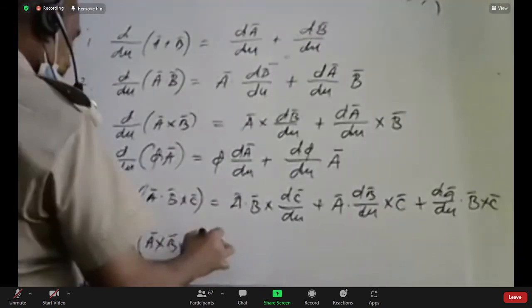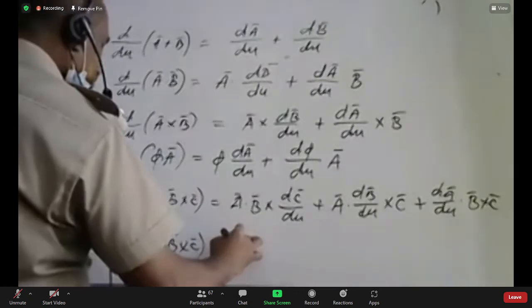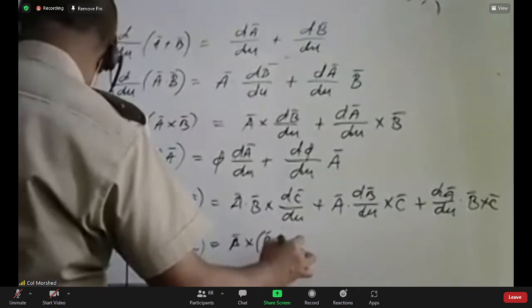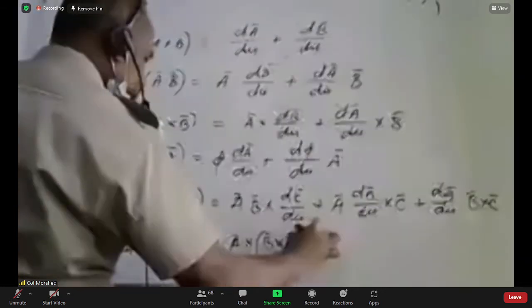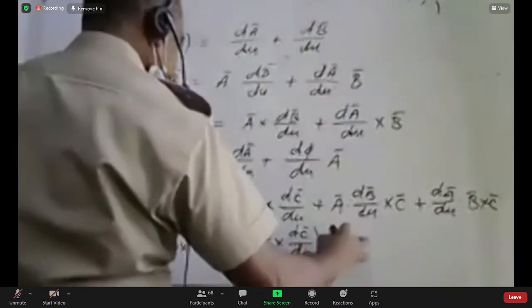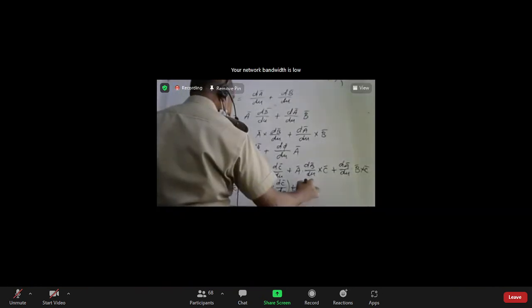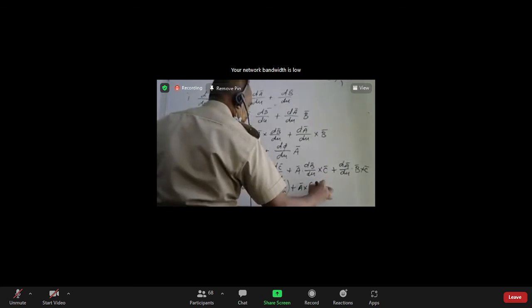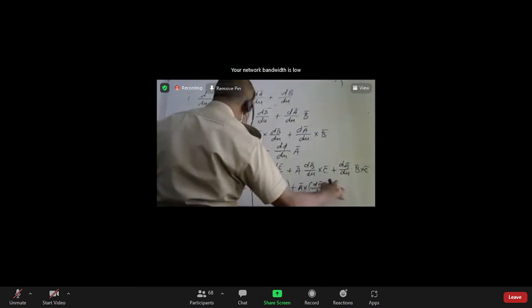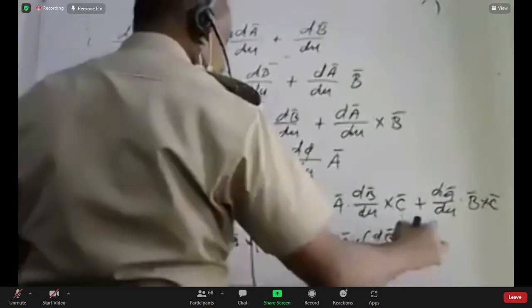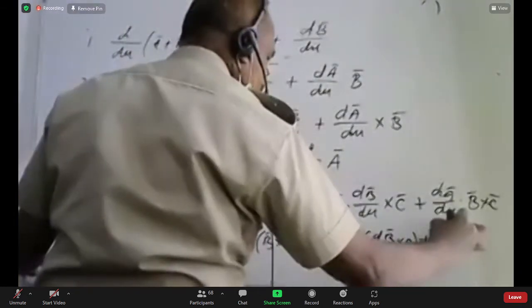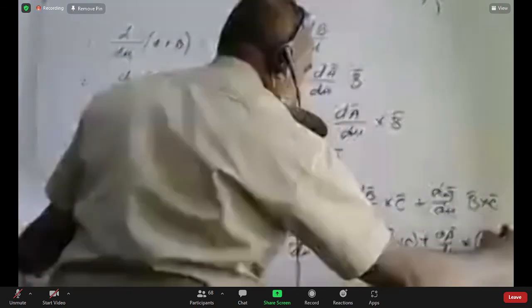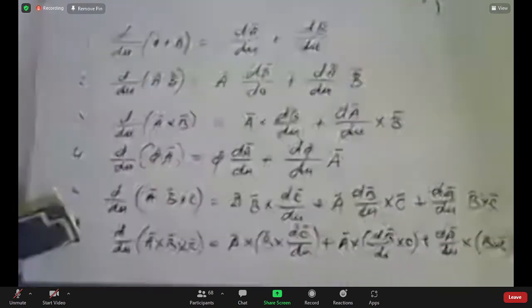It is A cross B cross dC/du plus A cross dB/du cross C plus dA/du cross B cross C. So these are the formulas you must remember.